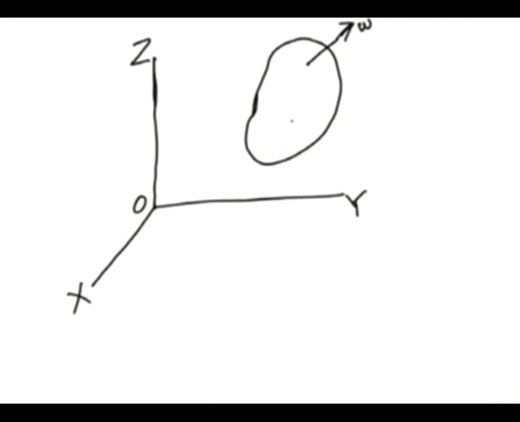So, if I choose an axis system x, y, z on the body, this is y, then z, this is x, and where small o is the origin, a point on the body. If we choose another axis system, that is capital OXYZ, which is considered to be fixed, that is the velocity and acceleration of point O is always 0, and we assume that xyz axis remains parallel to XYZ.